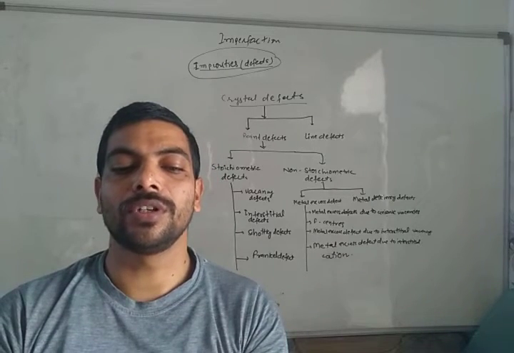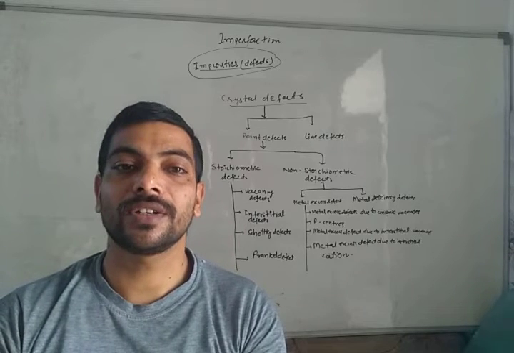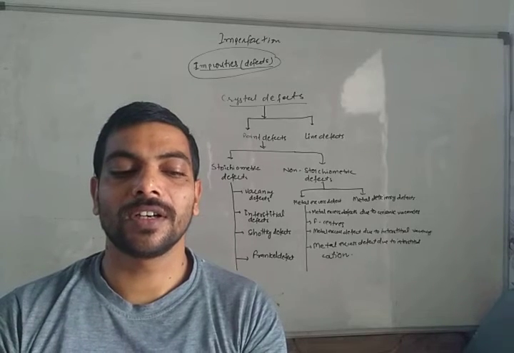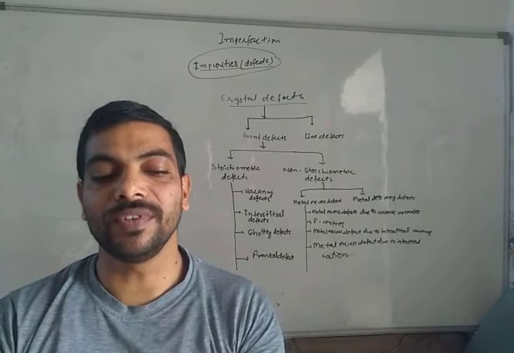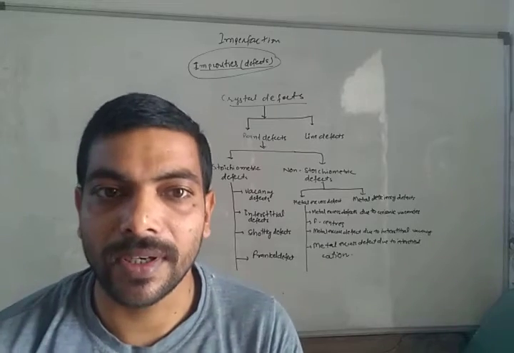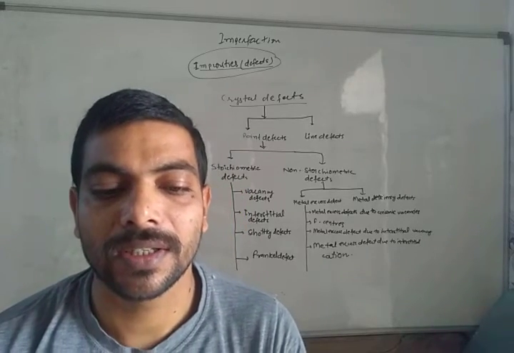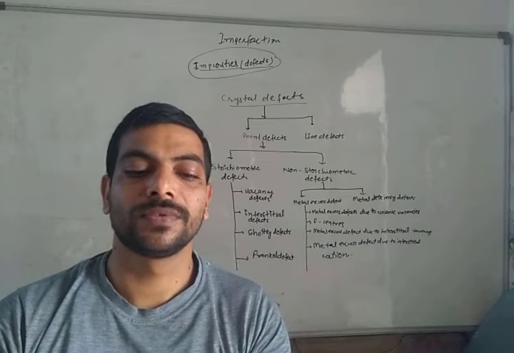Conductor: the solid which permits maximum flow of electricity is known as a conductor. The conductivity of conductors is of the order of 10 raised to the power 4 to 10 to the power 7 ohm inverse meter inverse.